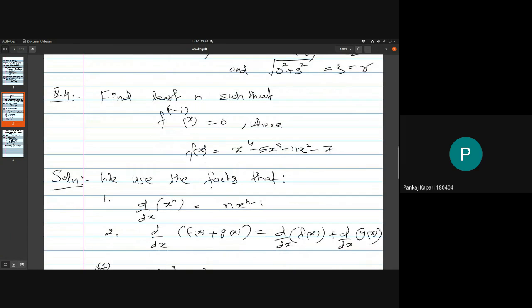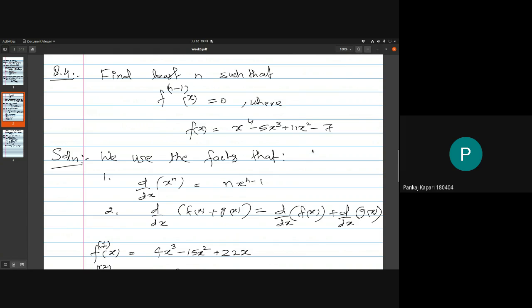So now we start with the fourth problem. In the fourth problem you have to find the least value of n such that the (n minus 1)th derivative of function f becomes 0, where f(x) is x to the power 4 minus 5 times x cube plus 11 times x square minus 7. To find the derivative of f we use these two facts.